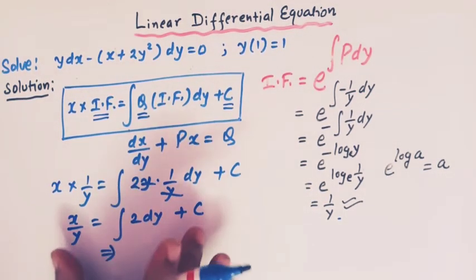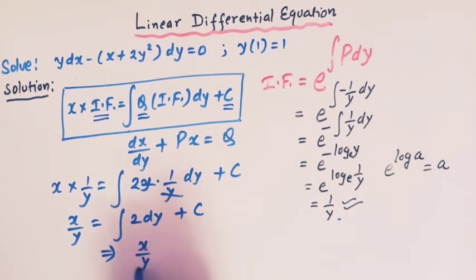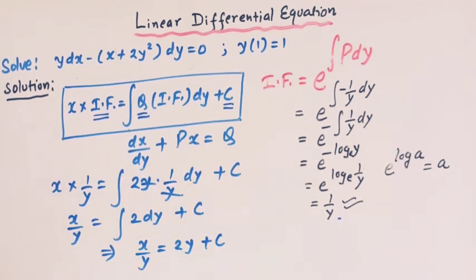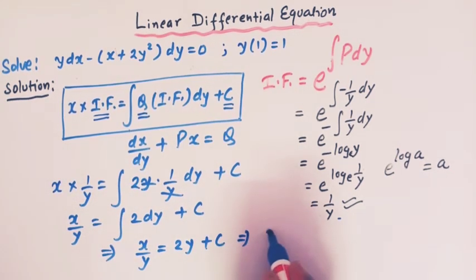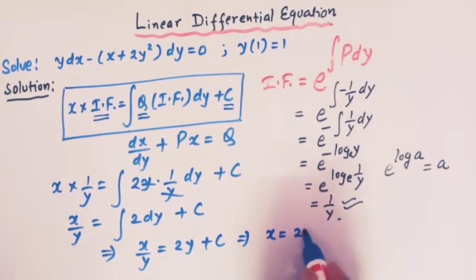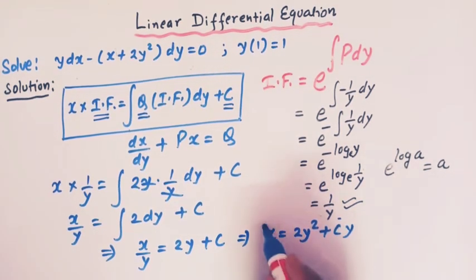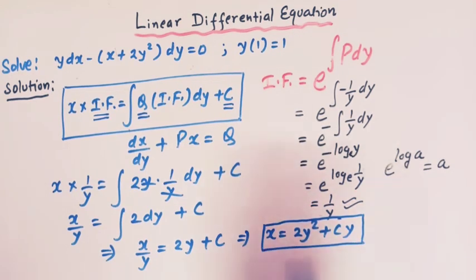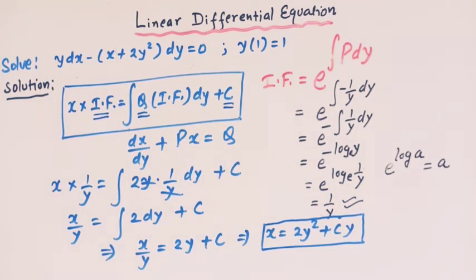Simplifying it, we have x over y is equal to 2y plus c, which can further be written as x is equal to 2y² plus cy. So viewers, this is the general solution of this differential equation.